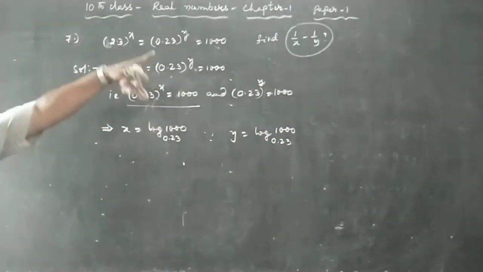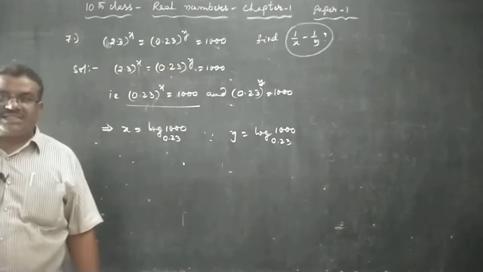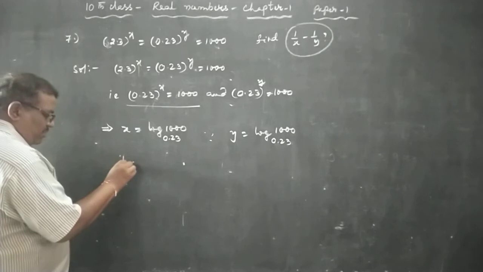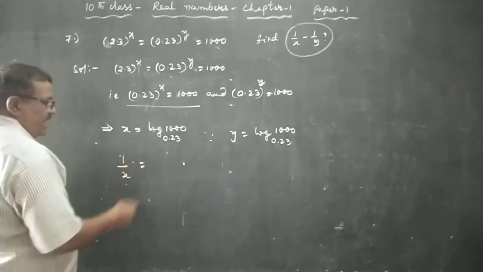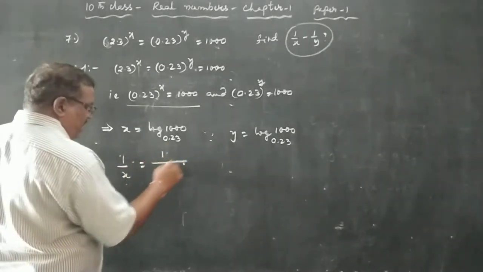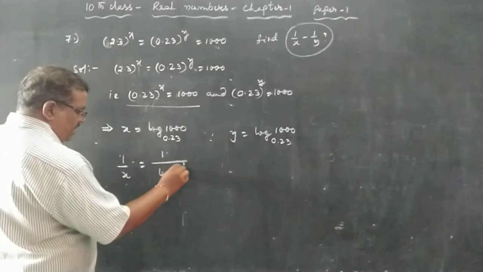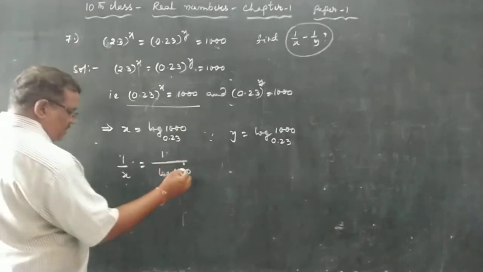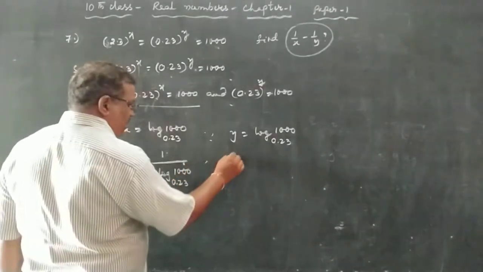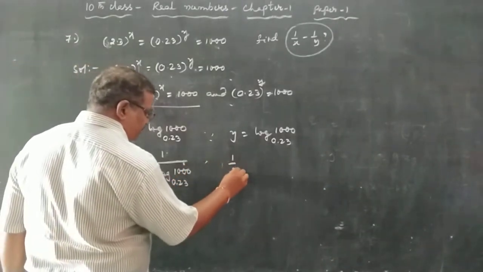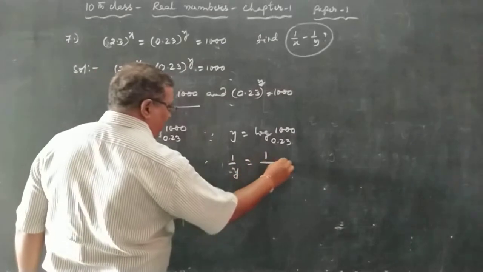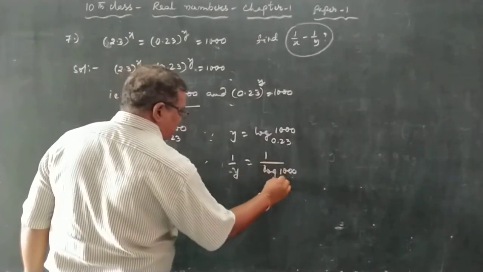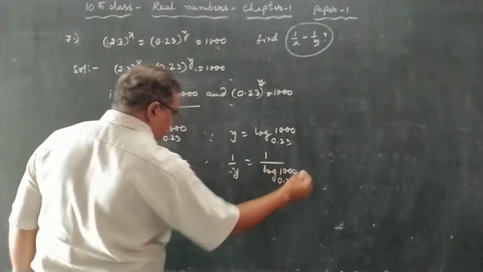But in the problem, we need to find 1 by x minus 1 by y. How do we have to solve? So find 1 by x. 1 by x is equal to 1 by log 1000 base 2.3. Similarly, 1 by y is equal to 1 by log 1000 base 0.23.